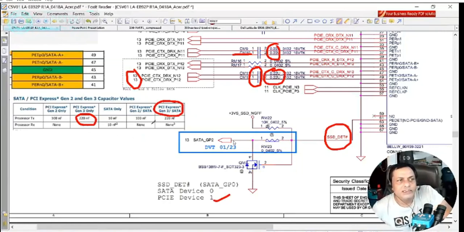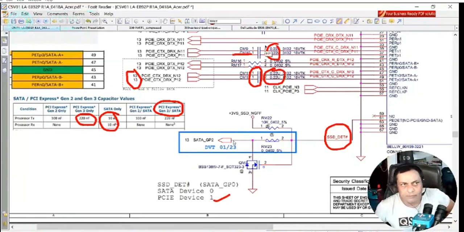And if the value were given as 100 nanofarad or 0.10 microfarad, then we could understand it will support SATA only. Okay, SATA only. So by seeing this, you can also say which controller needs to work first, and the capacitor must have the appropriate value.